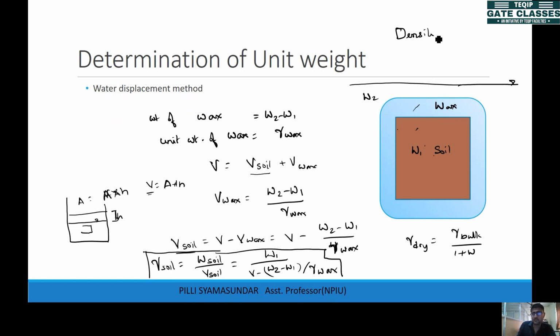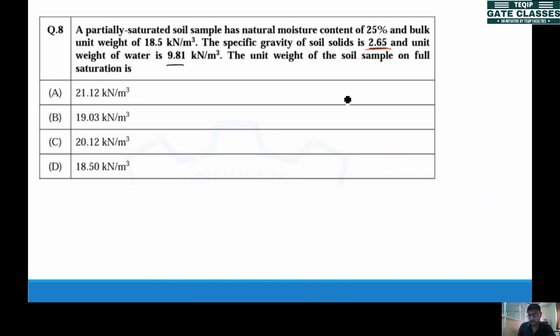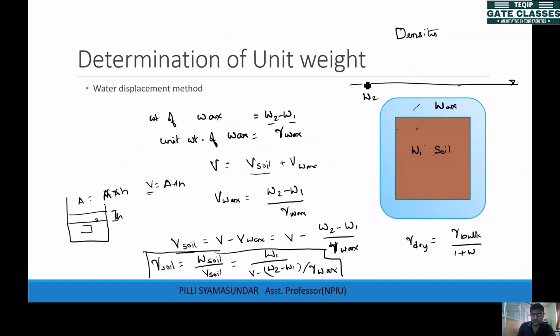So far I'm considering only the weights, right? Weights in newtons. If you consider weights, then that will be related to unit weight. Now if you replace the weights with the mass, divided by volume, then this will give you the density, right?